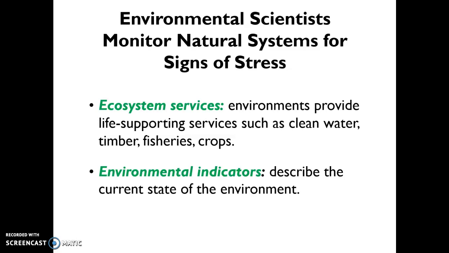So now let's step forward and look at environmental indicators. And that's indicators that describe the current state of the environment. So it doesn't tell you what's actually wrong with the environment or what caused it. It's more like taking a temperature with a thermometer. If you take your temperature with a thermometer and you find you have a fever, it tells you that your current state is not okay.